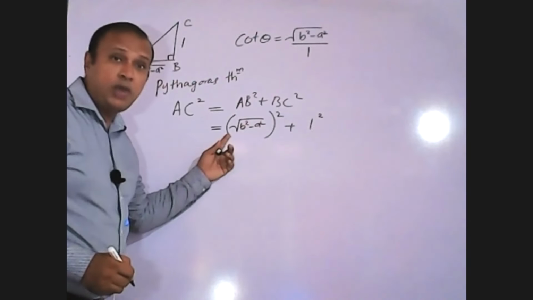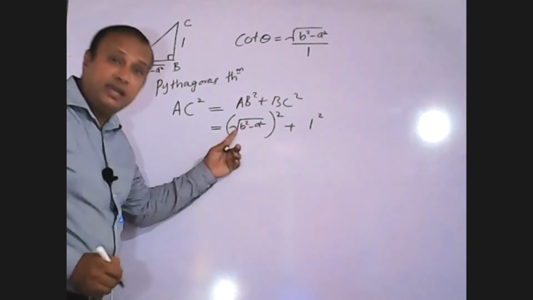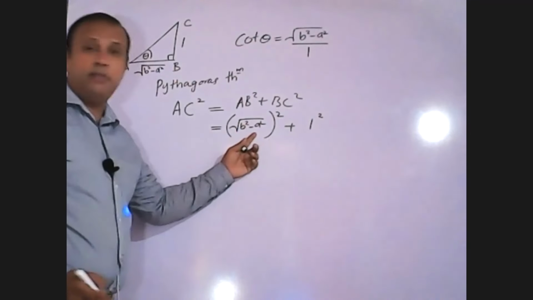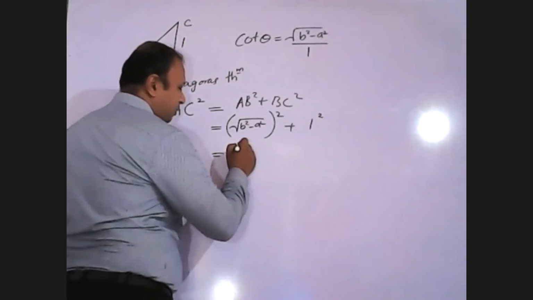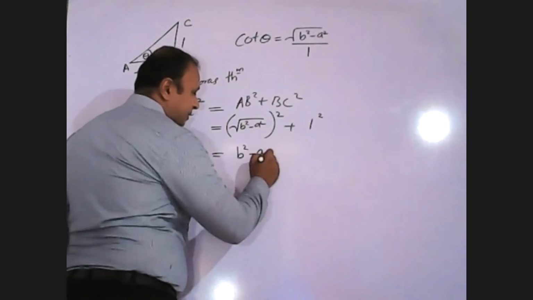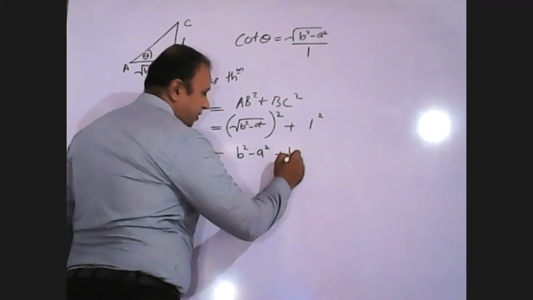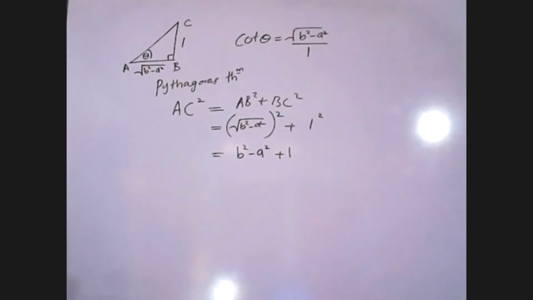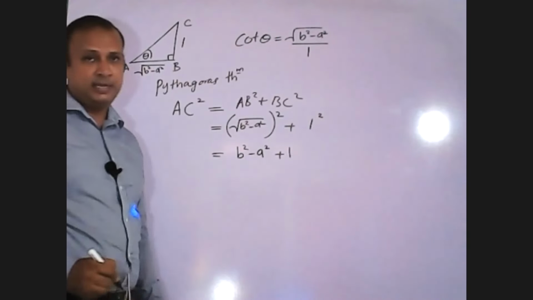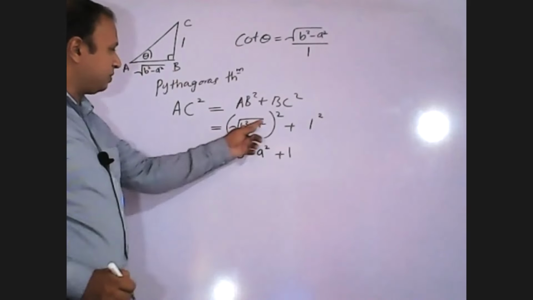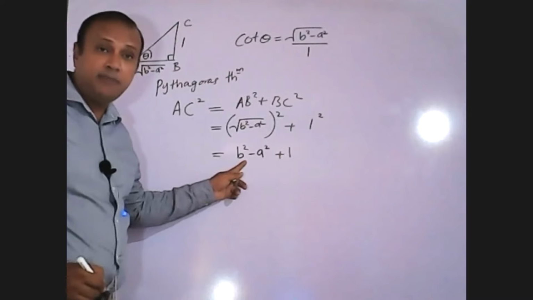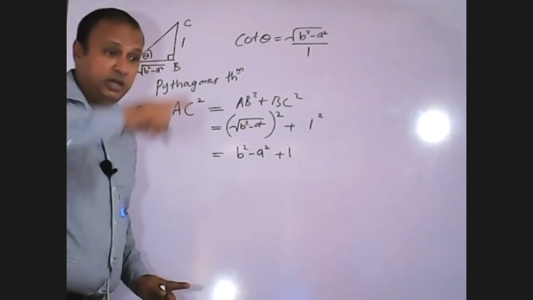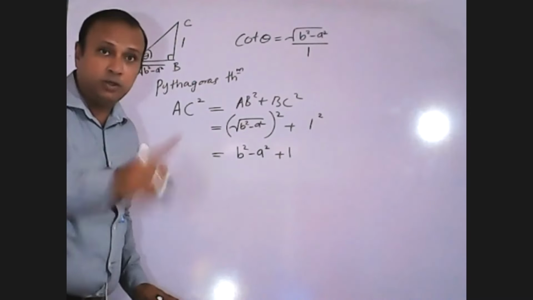The square of a square root is the number itself. So it is equal to b squared minus a squared plus 1. Because the square of the square root of any number is equal to that number. The square of square root 2 is equal to 2.